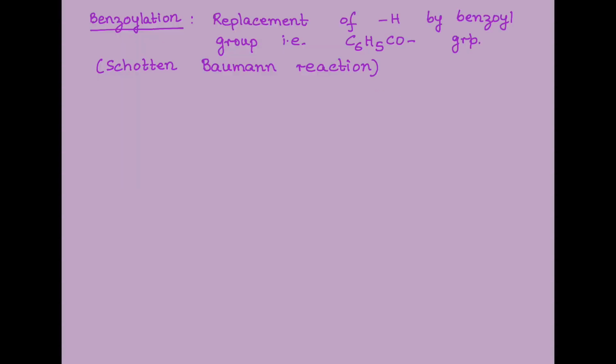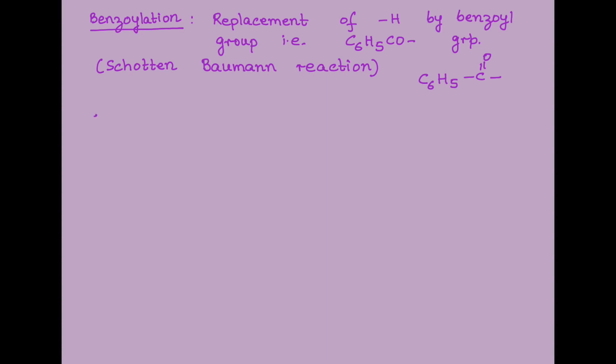So you can write the definition of benzoylation, the replacement of hydrogen by the benzoyl group, that is C6H5CO group. If I expand it, I can also write it as C6H5C double bond O, and there is one free valency, and that is why I have shown a dash over here. So how are you going to carry out benzoylation?